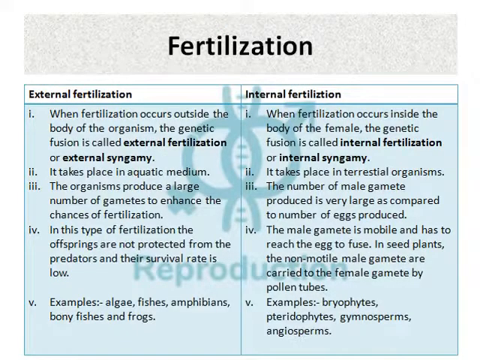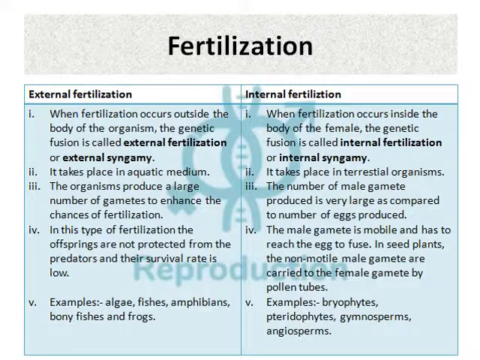Now we are over with the pre-fertilization events, that were gametogenesis and gamete transfer. Now once the gametes have come closer to each other, they need to fertilize. So the next process, or the second step in sexual reproduction, is fertilization. As I said earlier, fertilization means the fusion of male and female gamete.